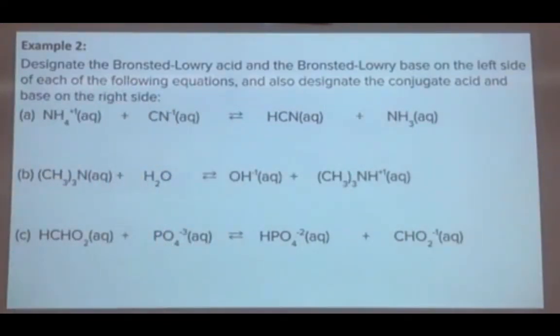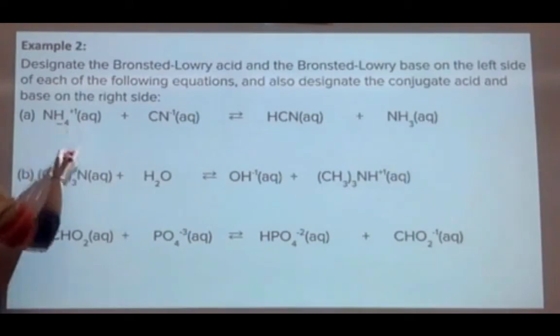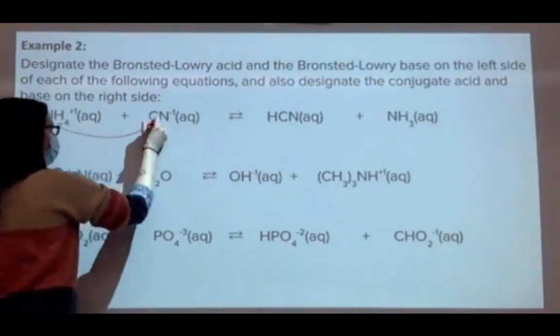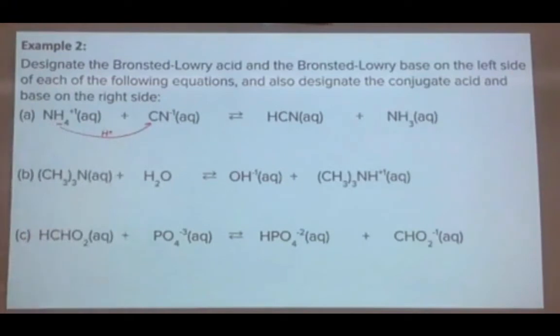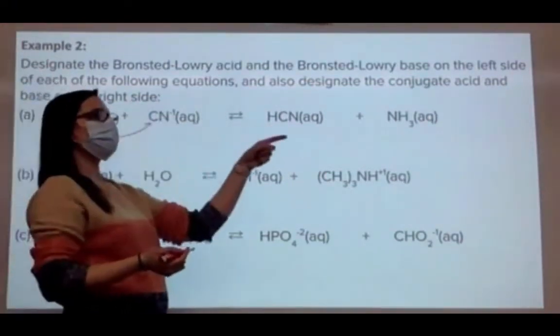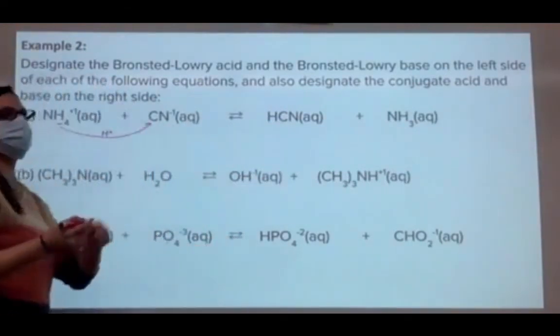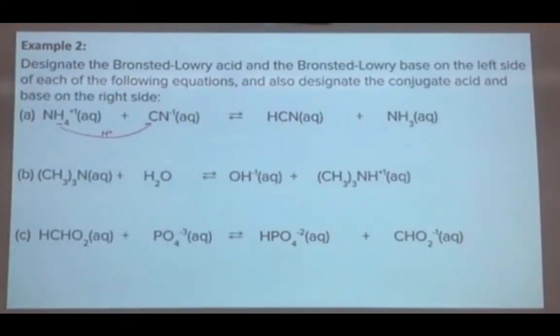So I'm going to say, okay, what has to happen to get from NH4+ to NH3? Well, NH4+ would need to donate one of its H+. NH4+ is going to donate one of its H+ to CN-. Then it becomes NH3, and CN- becomes HCN, because you're adding an H and a plus 1.